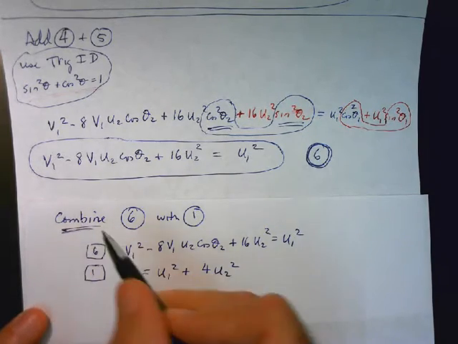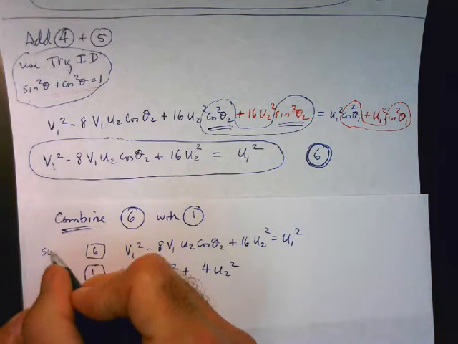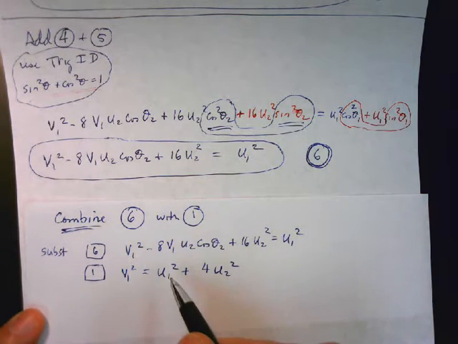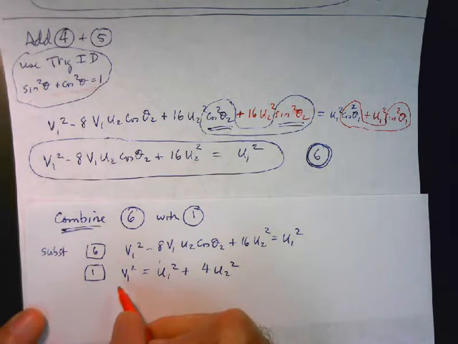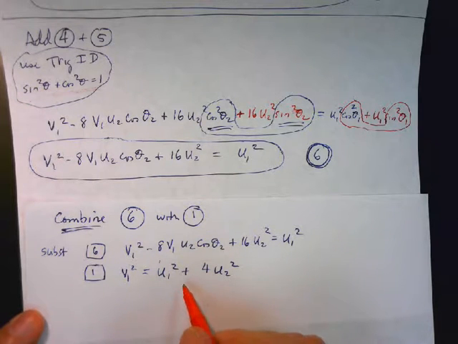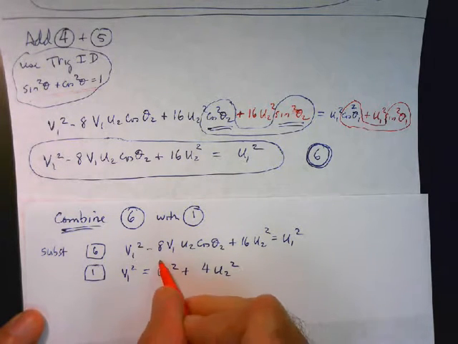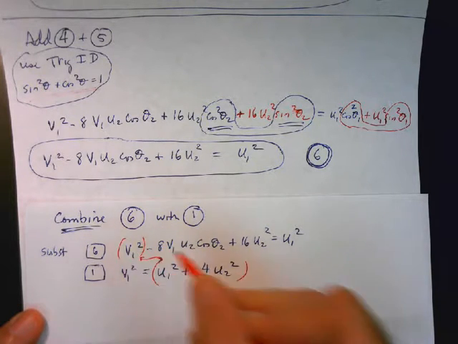Now we can combine these and use substitution. What I would probably do is take this V1 squared and that V1 squared, so I can substitute this in right here for V1 squared.